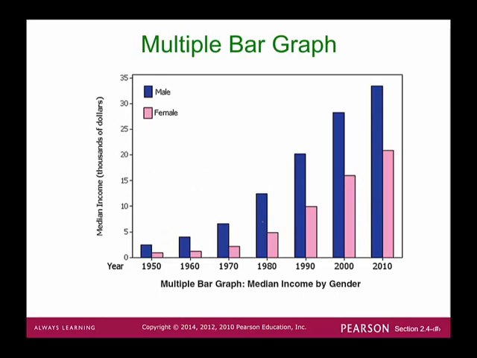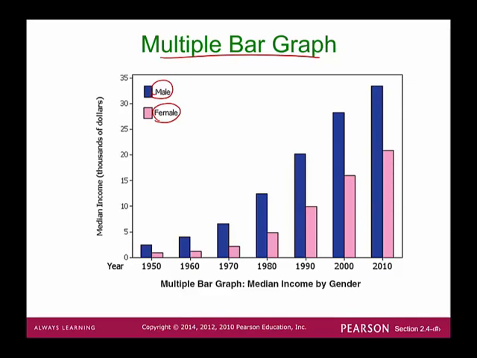Let's take a look at this. This is a multiple bar graph. Right here, we try to compare the median income by gender. The blue one represents male, and the pink one represents female. As you can see, from 1950 all the way to 2010, there's an income gap between the male and the female.